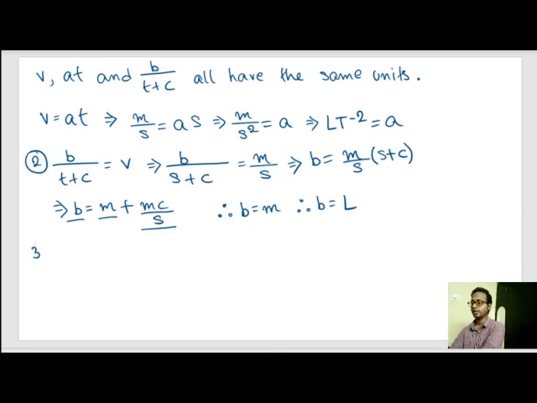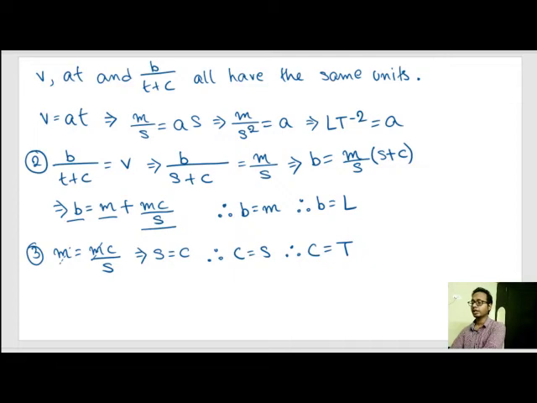We also know that m is equal to mc by s, and meter is equal to meter into c by s. So the unit of c becomes s, because this meter and this meter get cut out. Therefore c is the unit of time t.